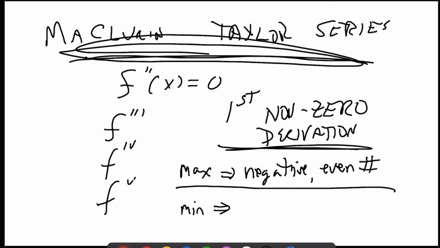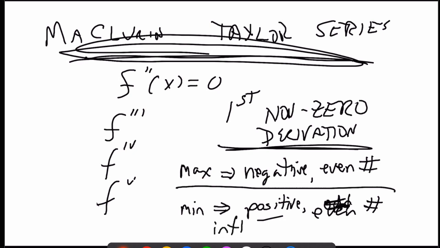For it to be a min, it has to be positive, and it has to be an odd number. No, I'm screwing that up. Still has to be an even number, all right? So it's got to be a 2, a 4, a 6, an 8, a 10, but a positive, and then an inflection point if it's odd. If the first non-zero derivative is the third or the fifth or the seventh or ninth, okay, then it's an inflection point. So I was way ahead of myself here. Ignore that.